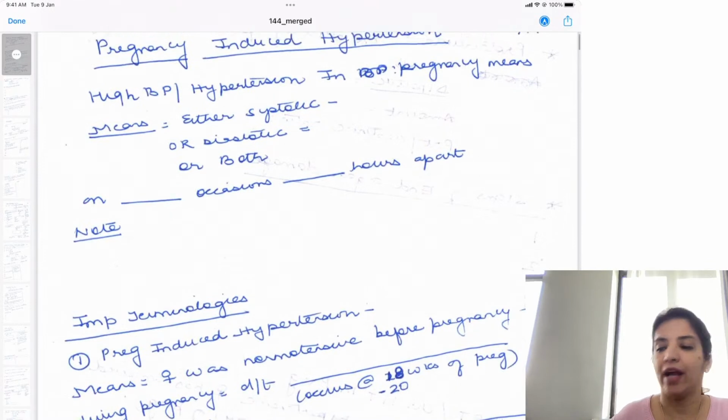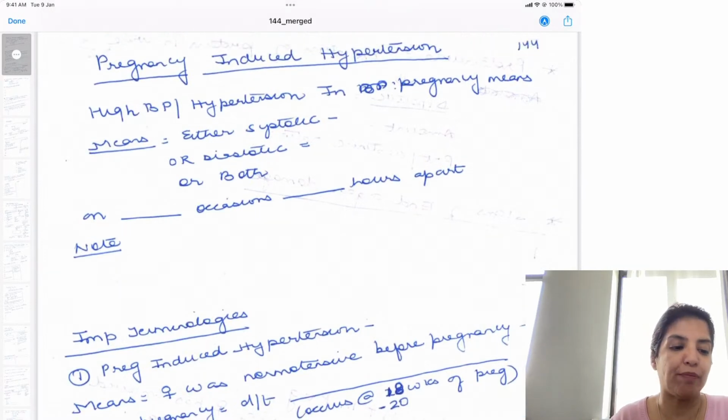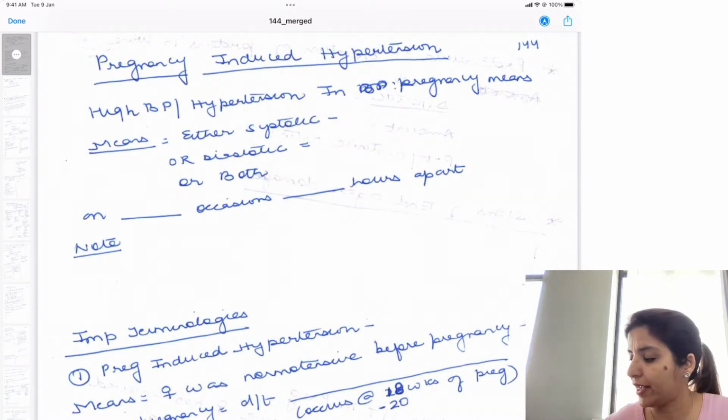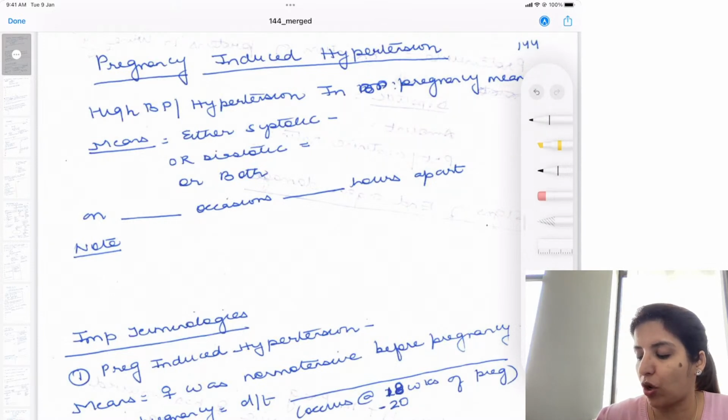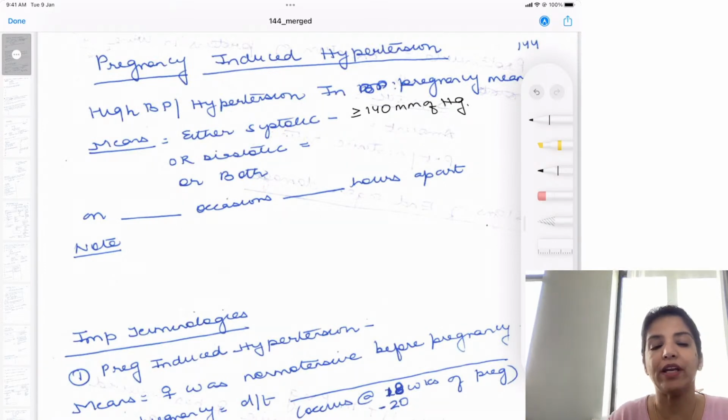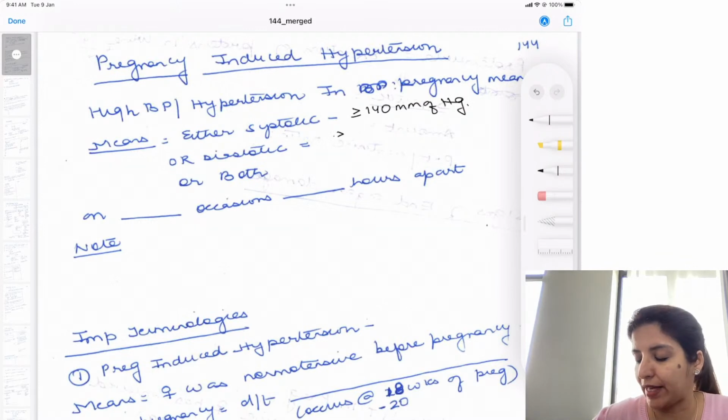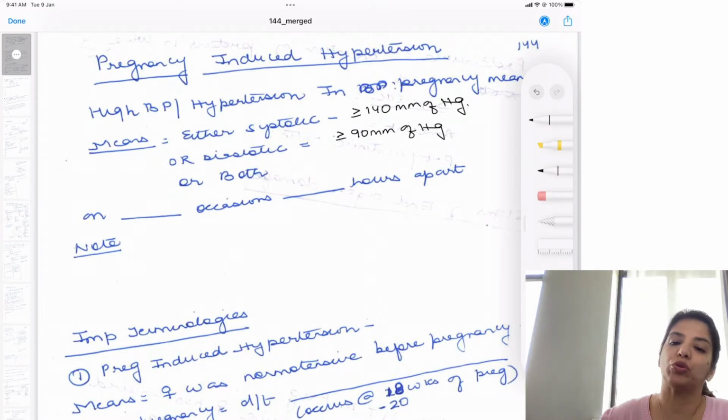Okay. Now, how do you define hypertension in pregnancy? Hypertension in pregnancy means that there is high BP, and how much high? If systolic BP is more than equal to 140 millimeters of mercury, or if diastolic is more than equal to 90 millimeters of mercury, or both.